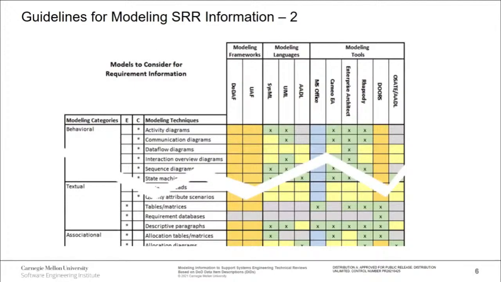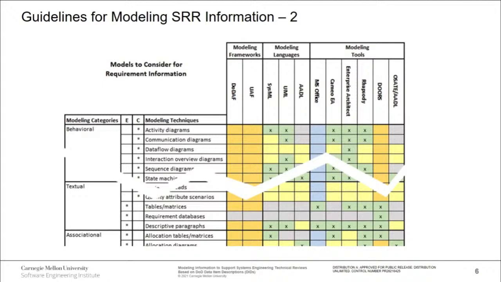Then we started to look at all the different types of information needed and the specific information needed. And we said, okay, what are the best modeling techniques to use? Not necessarily the best. There's all kinds of different ways to model a piece of information. So this is more of, what are the viable options for modeling different types of information?